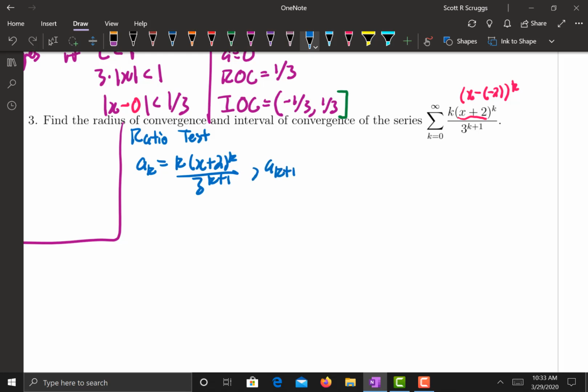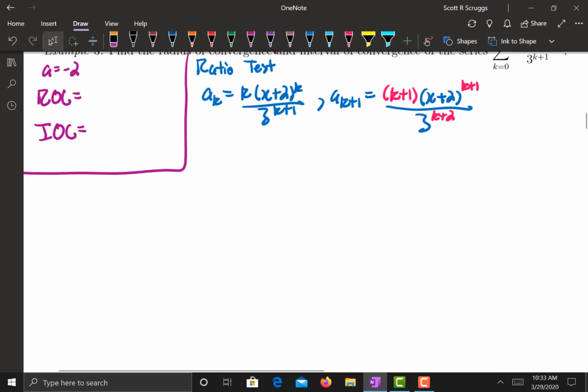And then a of k plus 1: everywhere I saw k, I replace it with k plus 1. So (k plus 1) times (x plus 2) to the k plus 1 power divided by 3 to the k plus 2 power, because I had k plus 1, and now I have k plus 2.